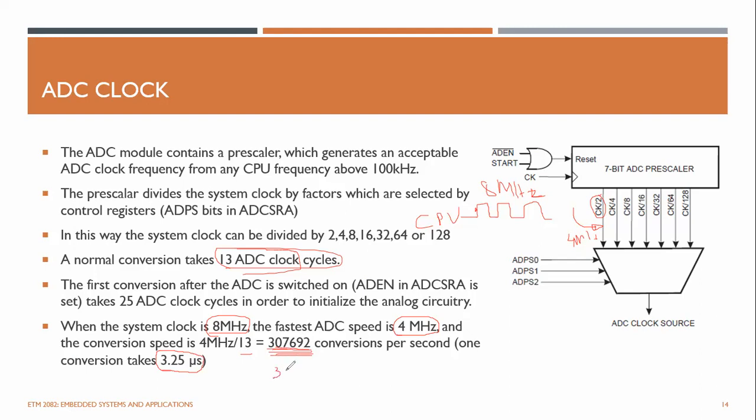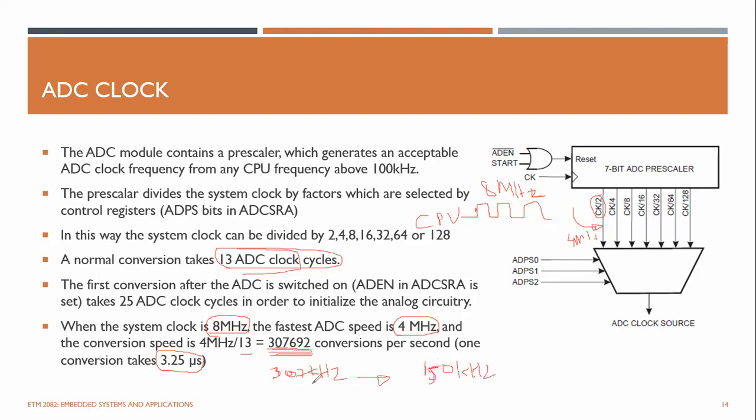This is nearly 307 kilohertz sampling frequency, right? Sampling frequency is not the clock frequency. This is your sampling frequency, 307 kilohertz. So you can measure any frequency up to 150 kilohertz according to the Nyquist criterion.